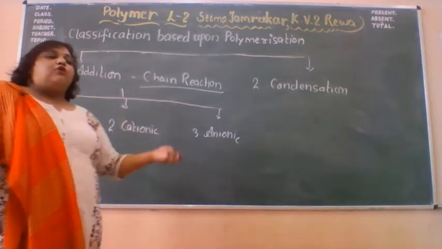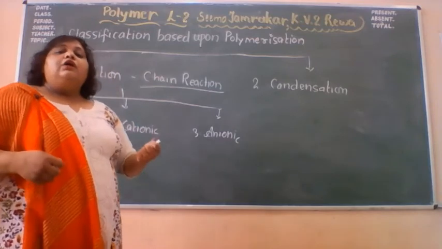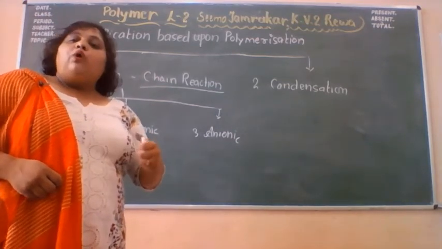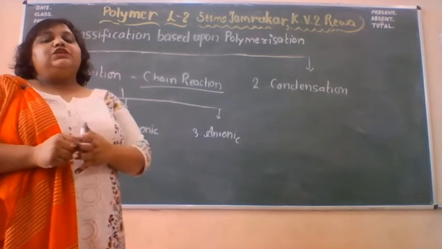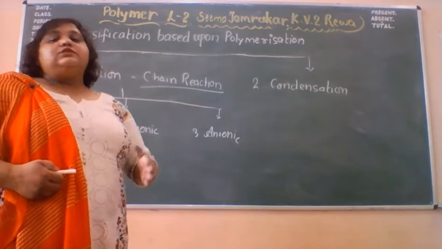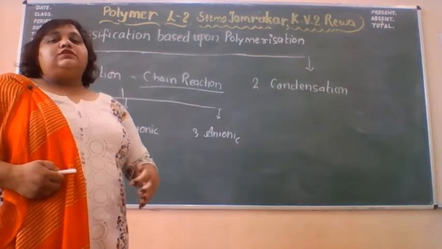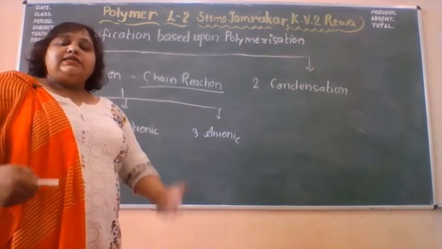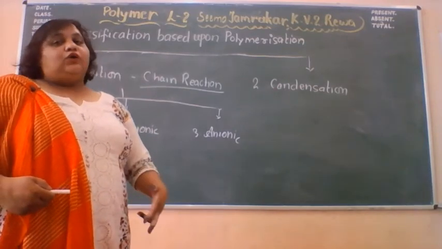If you have forgotten, I am just reminding you: whenever homolysis takes place, that is, whenever the dissociation of the covalent bond takes place by homolysis, both the participating atoms get separated with their own electrons.